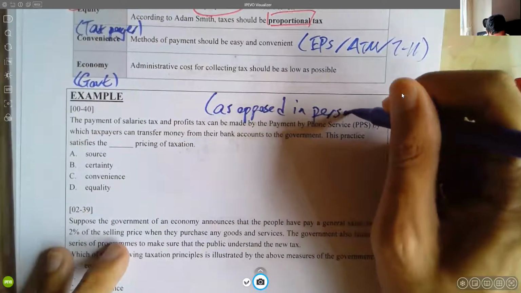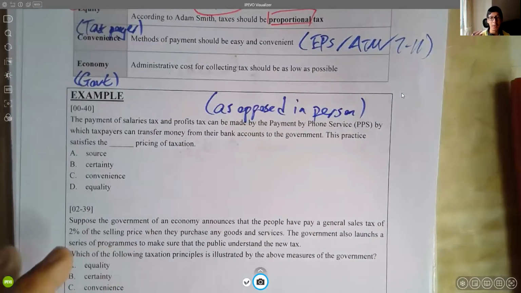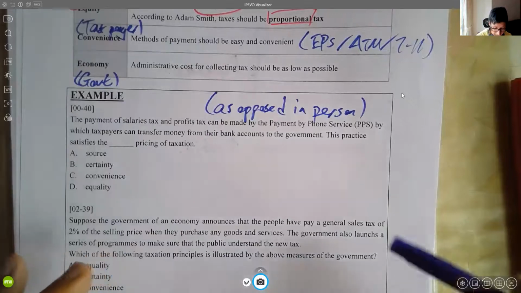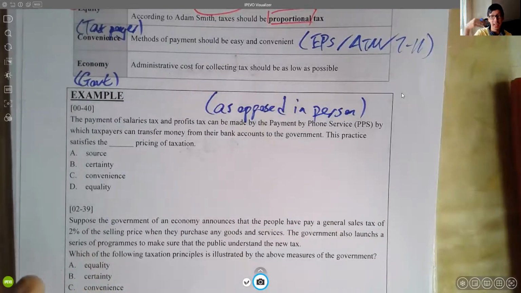You don't need to go all the way to the Inland Revenue Department in person to pay the tax. You just need to use PPS. Nowadays, even better. You go to e-banking, you go to FPS. There are so many different names, I don't even know them all. Even 7-Eleven, like we already mentioned.